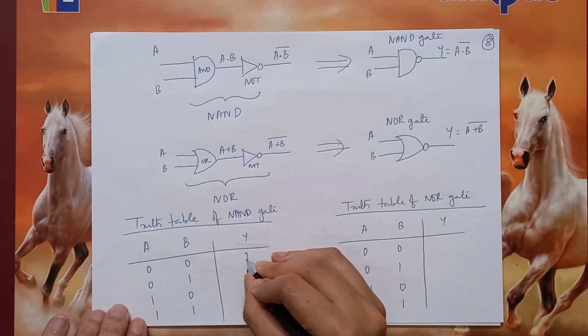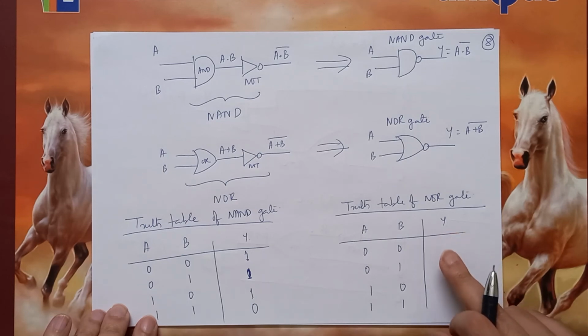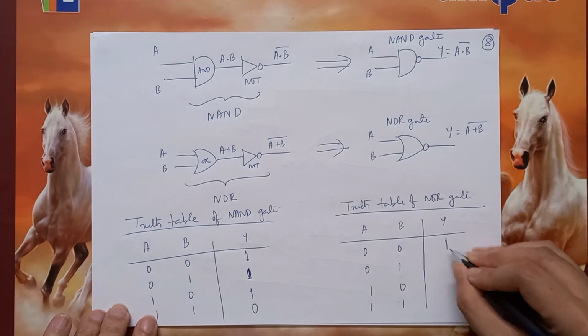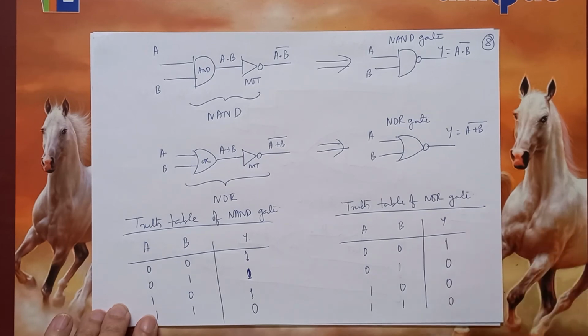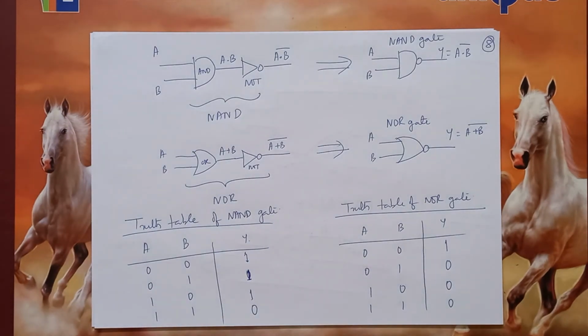For the OR gate, the output was 0, 1, 1, 1. So NOR will be the opposite, which is 1, 0, 0 and 0. So this is what the truth tables of the NAND and NOR gates essentially look like.